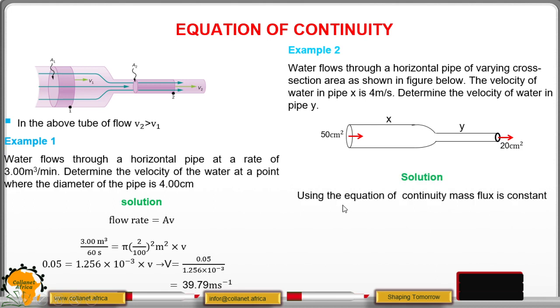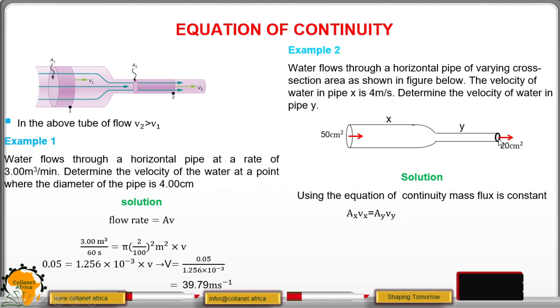The solution. Using the equation of continuity, mass flux is constant. That means if you take the cross-section area of this region here, multiply by the velocity in this region, you will get the cross-section area on this side times velocity, also on this side.